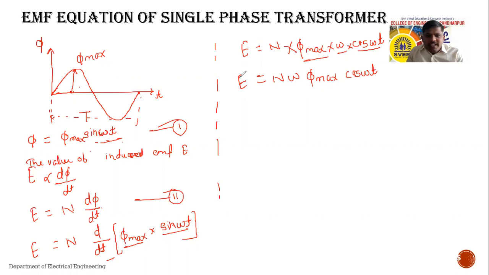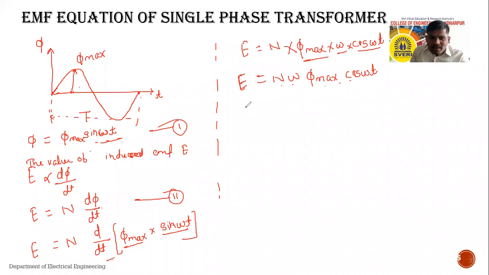Now see, this is the induced EMF E, equal to n omega phi max cos omega t. Now if I want the maximum value of the induced EMF, that means I want to calculate E max.